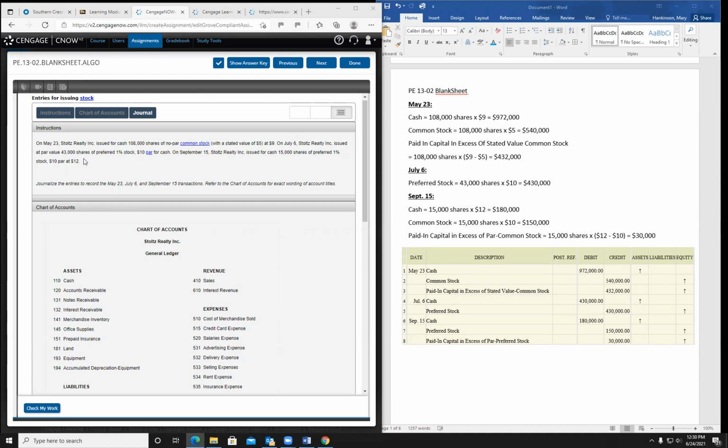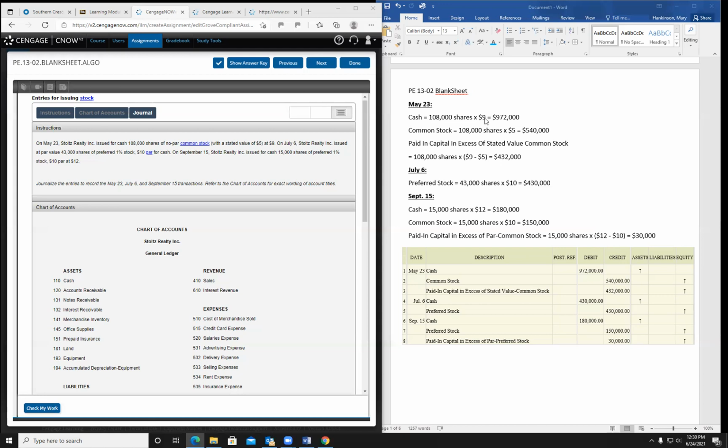So first thing we want to do is do some simple math to figure out the dollar value of these shares that were issued. So if you look over here on my little cheat sheet that shows some notes, the dollar value, you can basically just take 108,000 shares and multiply it by the $9 that it was issued at, and it's going to tell you that it was $972,000.